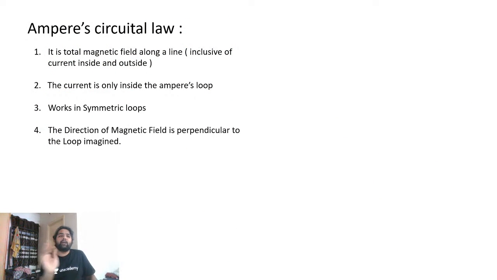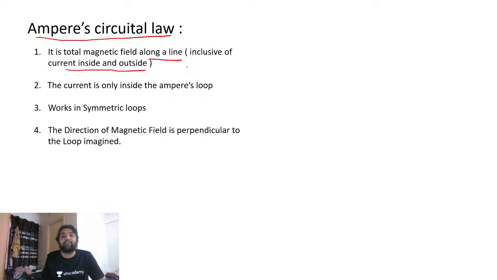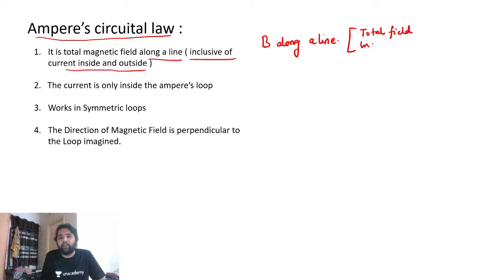So yes. Ampere's circuital law gives the total magnetic field along a line, inclusive of current inside and outside. Just like the Gaussian surface, it will have the field along a line, inclusive of the total, including outside and inside currents.